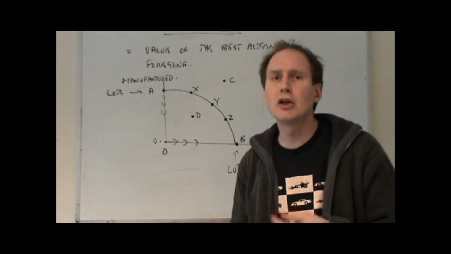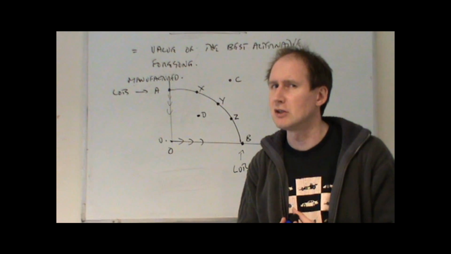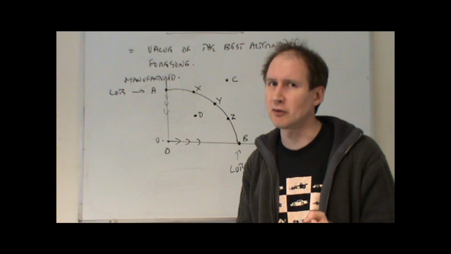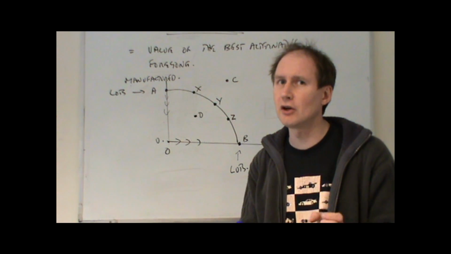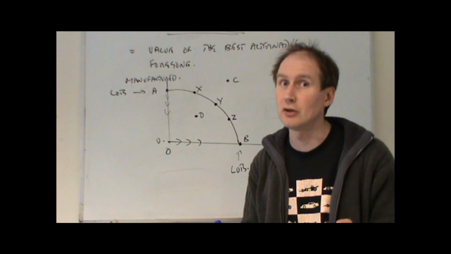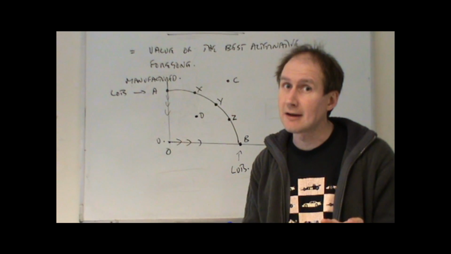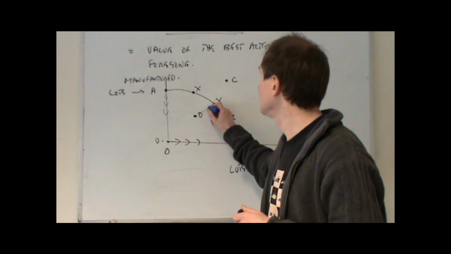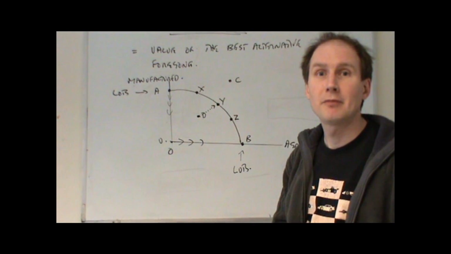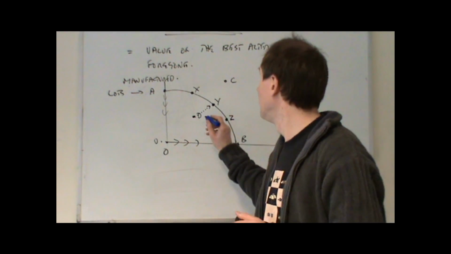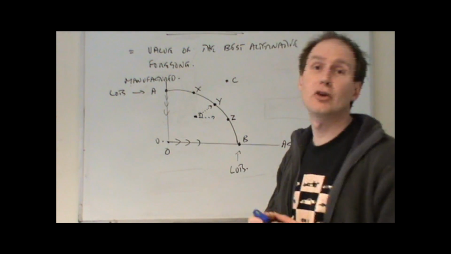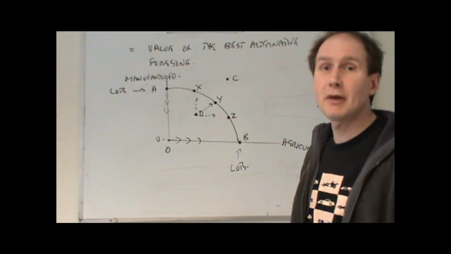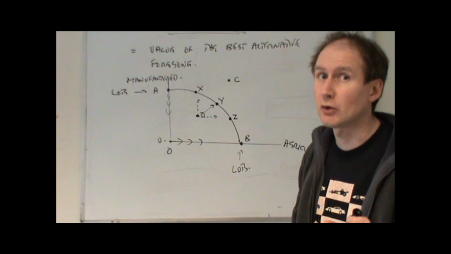Alternatively, an economy might be at a point such as D. D lies inside the production possibility frontier and is regarded as an inefficient point. And the reason is that it would be possible to move to point Y. In other words, we can have more agricultural goods, we can have more manufactured goods as well. There's no opportunity cost.